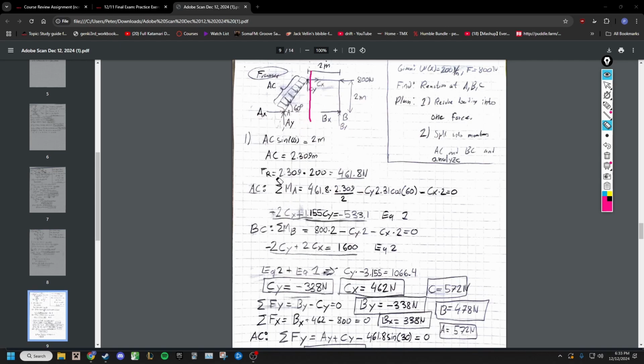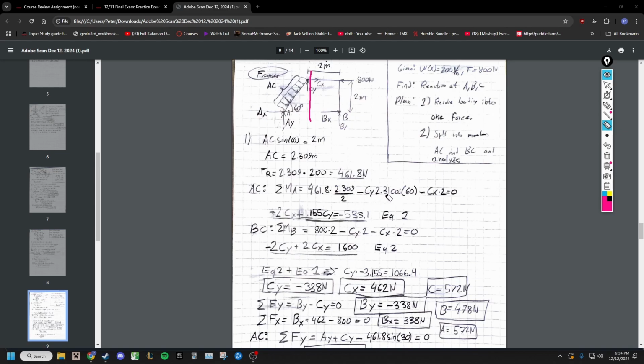We do our moment about A, and we know that the moment from a distributed loading is just equal to the force from the distributed loading times its centroid. So we don't need to worry about the distance from A because it acts at A. We don't need to worry about the x or y component, because the distance is already in terms of the sine of the 60 degree angle. So that puts us in a fortunate situation.